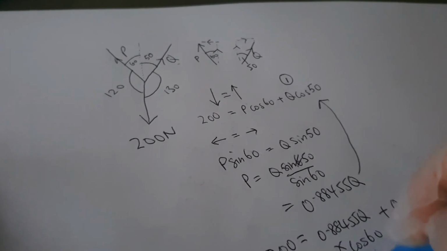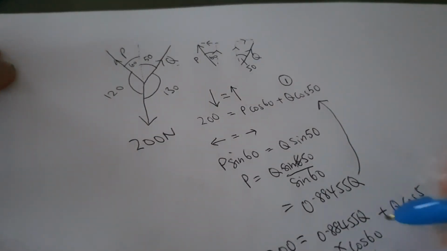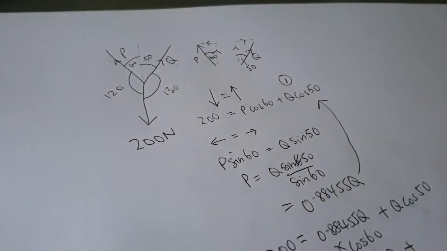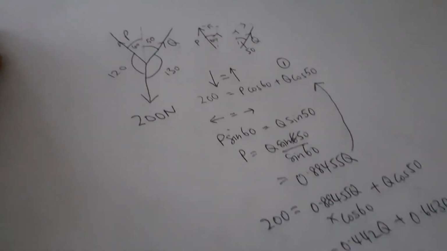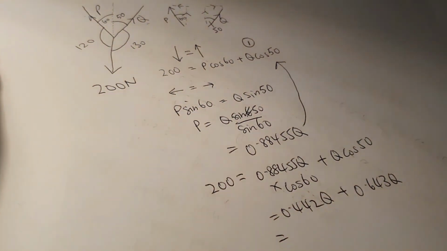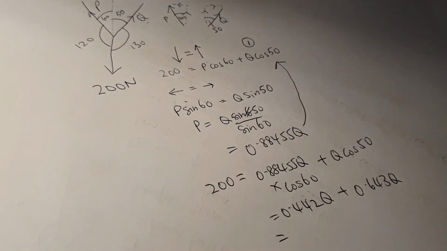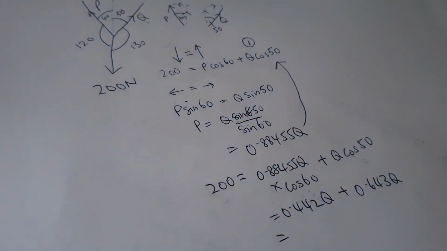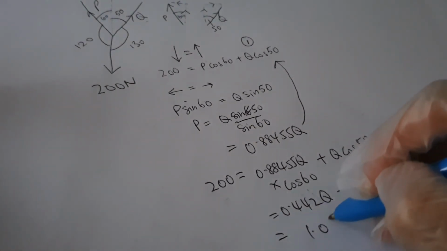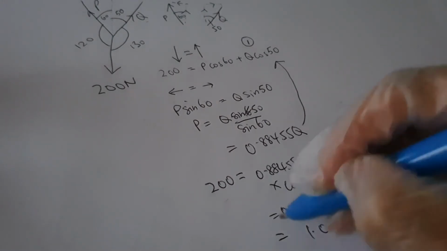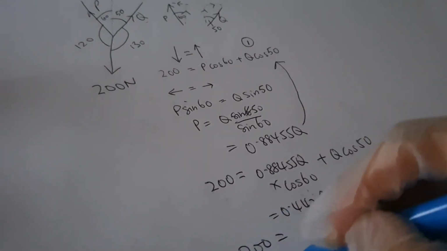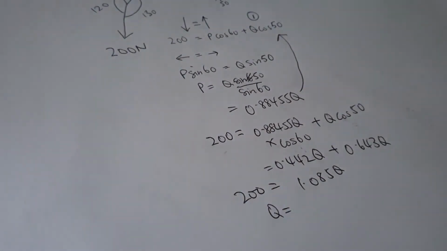So 200 equals 0.442Q plus cos 50, which is 0.643Q. You get 0.442 plus 0.643, you get 1.085Q.